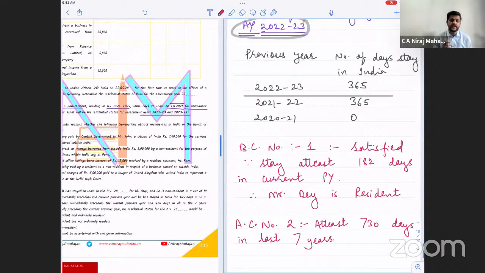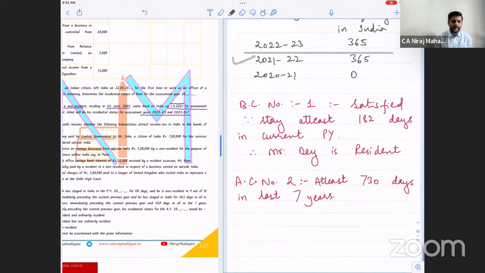We are determining resident status for PY 21-22. So in the last 7 years, the answer is the number of days? Zero. Very good. For 21-22, in all the last 7 years he is not there.